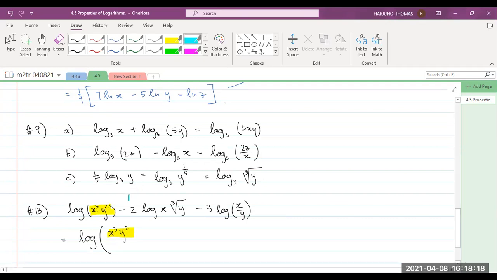And then this guy, with a negative coefficient of -2, will be at the bottom: x squared, y to the 2/3. And then this guy, -3 with x over y, that's the reciprocal, right? That will be x cubed at the bottom, y cubed at the top.